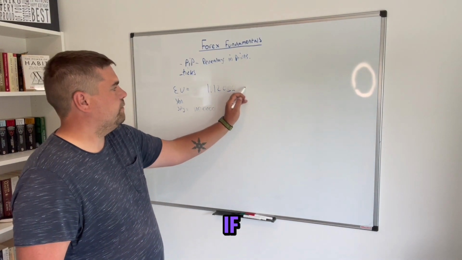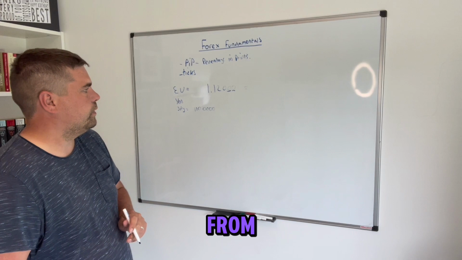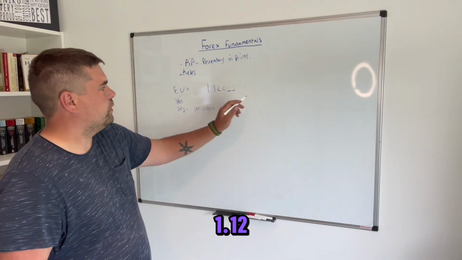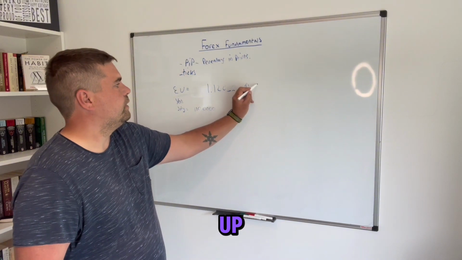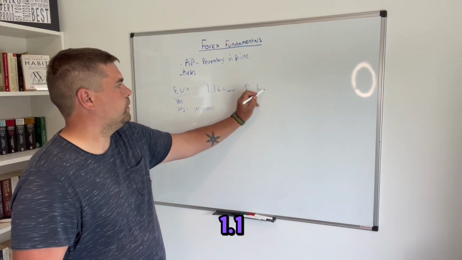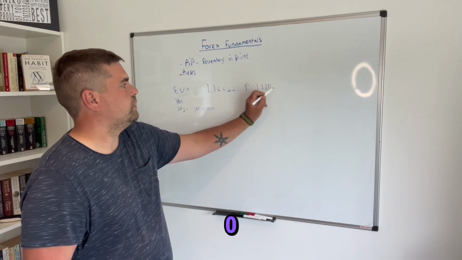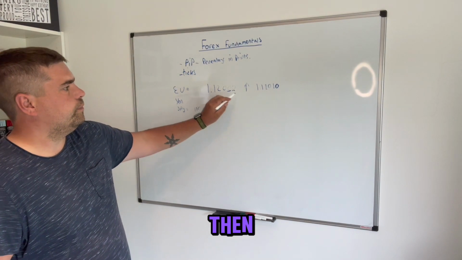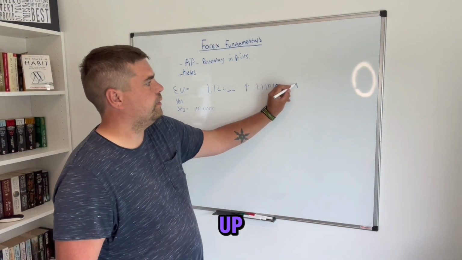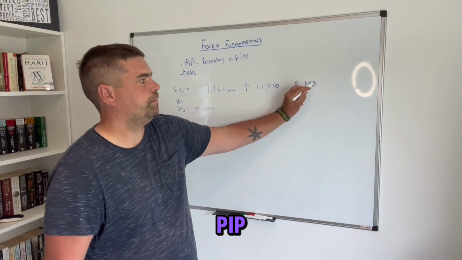So if on this price, for example, it moved from 1.12 and the price went up to 1.1201, then we know that price has moved up by 1 pip.